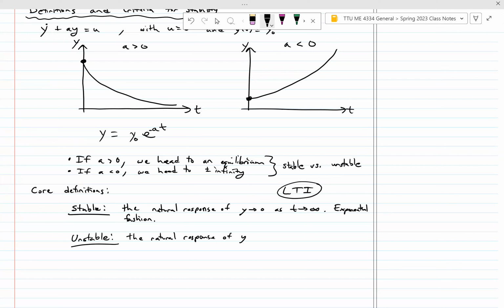What do you guys think? It oscillates, not necessarily. In a lot of cases it will, but that's not always 100% true, right? So let's go a little bit more general, but oscillation can be a part of it. It does not grow or decay, on average, I guess we could say, but remains constant or oscillates around a value.